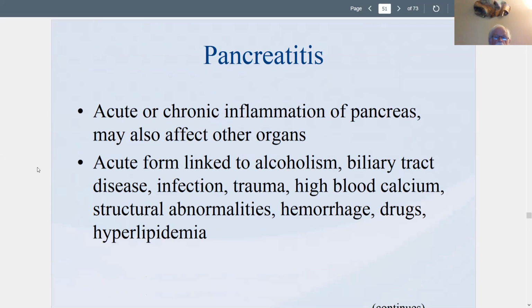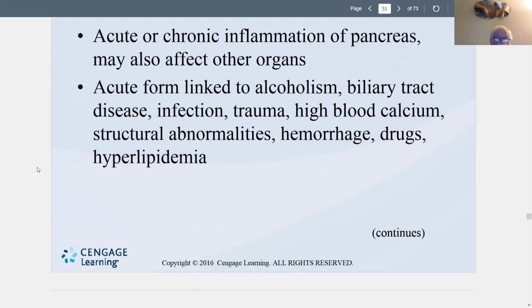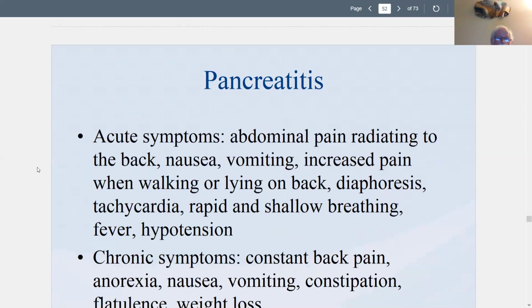alcoholism, biliary tract disease, infection, trauma, in other words, just an injury, high calcium levels in the blood, drugs, etc. There are several things that can be there.